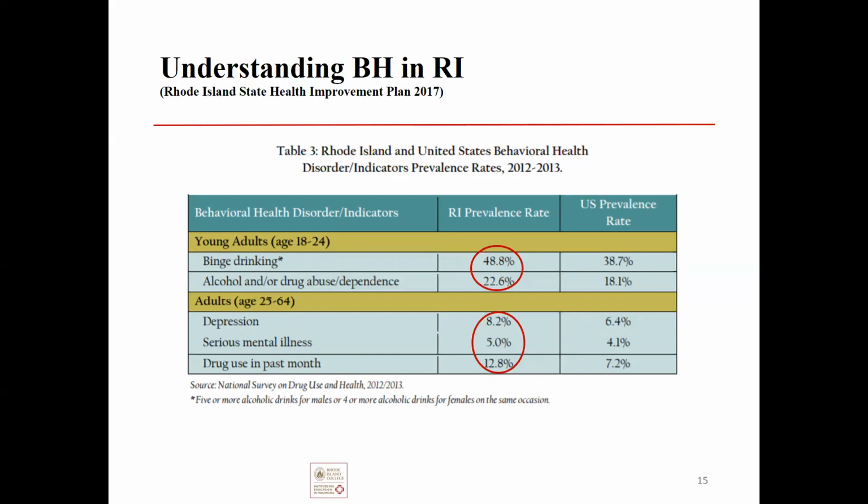And the same is true for diagnoses of depression, serious mental illness, and substance use for adults ages 25 to 64, where our numbers are slightly higher than that of the national average.